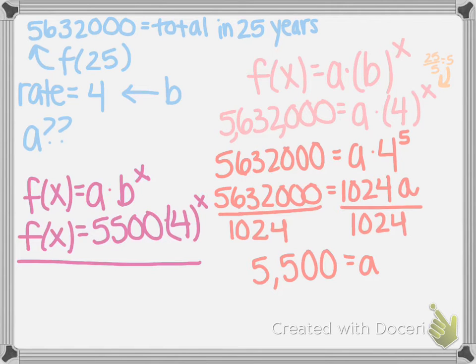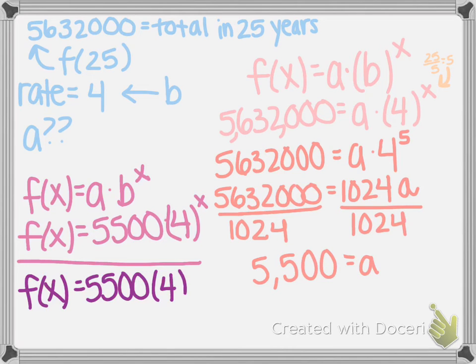So that is one option, and I want to show you that there's another way to do this too, if you wanted to include the increments. So we would write 5,500 times 4, but the exponent would be x divided by 5, because that's how many years it takes to quadruple the population.